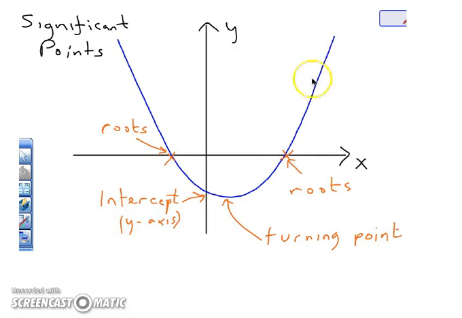They may ask you what the coordinates of the turning point are, and you just read the coordinate off. If you look back at our previous example, it was at 1, minus 3. Just double check that if you're not sure. So that's plotting quadratic graphs and some of the important information associated with them.